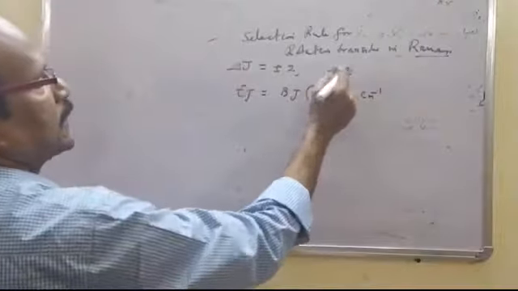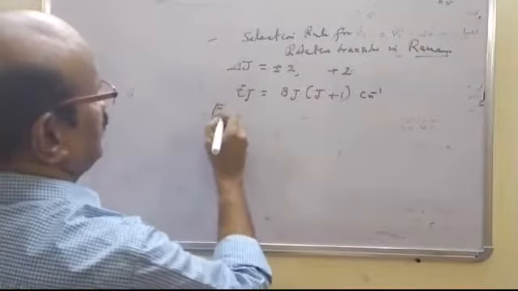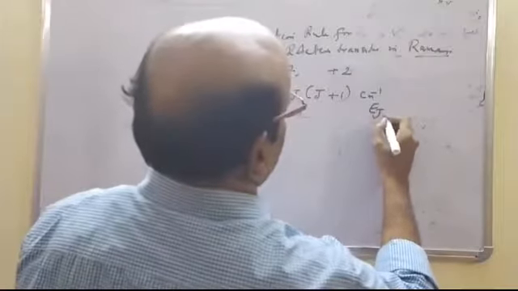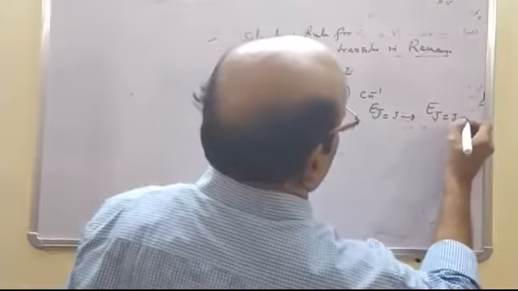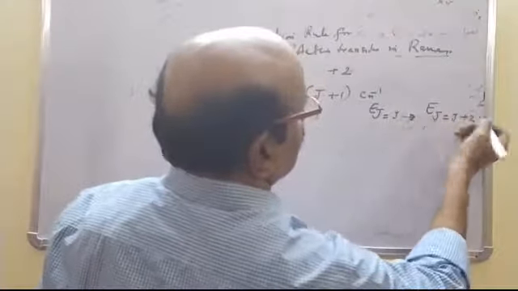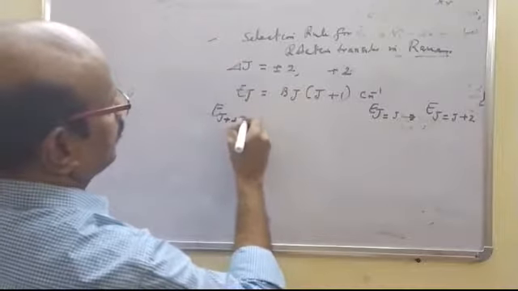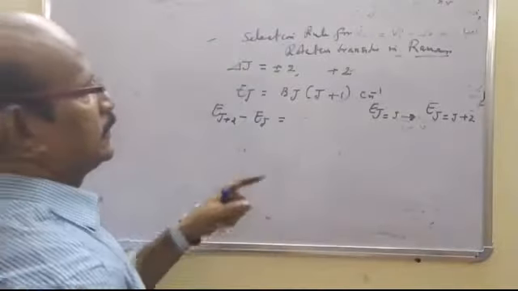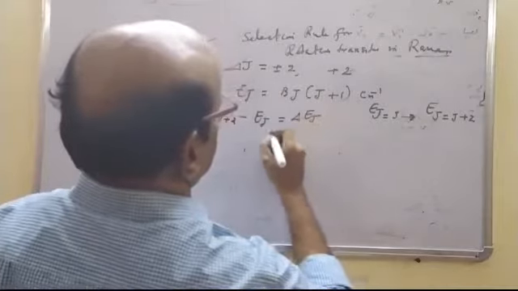Applying this selection rule, suppose the molecule is going from E J equal to J to E J equal to J plus 2. If the transition is from E J equal to J to E J equal to J plus 2, you have to take E J plus 2 minus E J as the transition, that is delta E J.